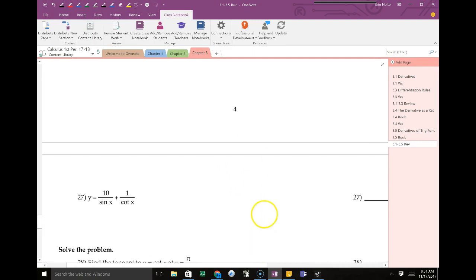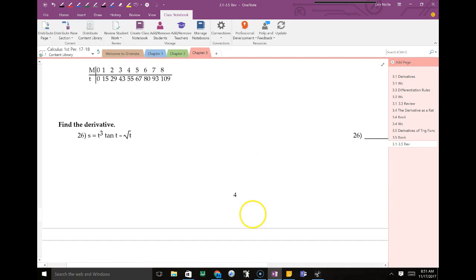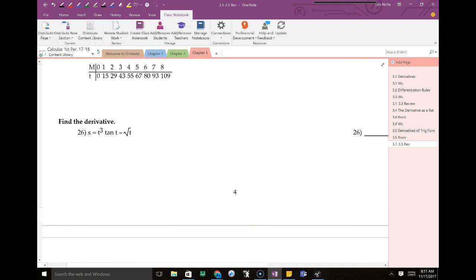What did you say? 26? Okay, for 26 you're just deriving. For 26, the first term requires a product rule, because you have two variables involved in the first term. So my first is my t cubed, my second is my tangent, so it goes first.